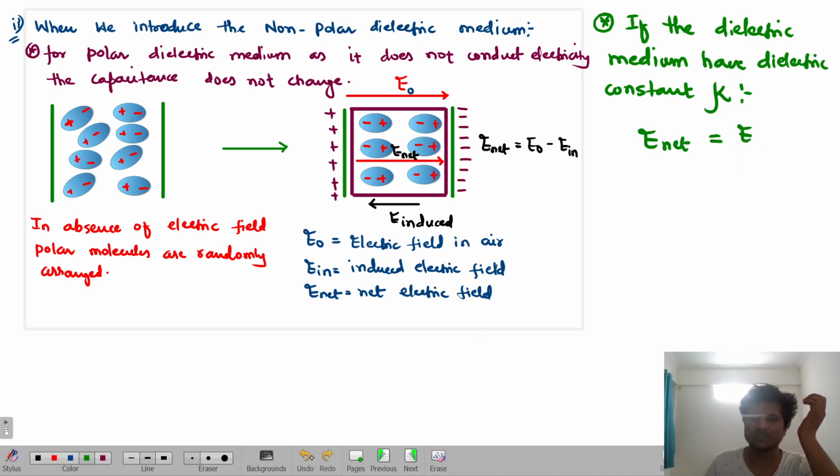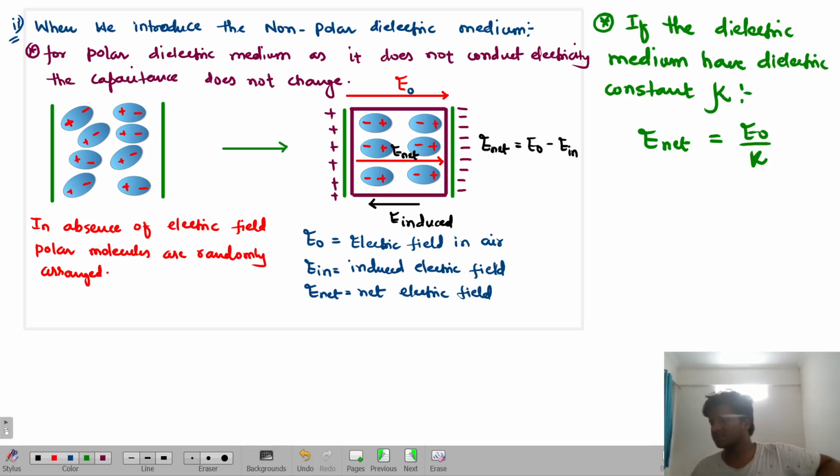E naught by kappa means the electric field in air divided by kappa, because it is developed in the full medium, isn't it? So you know how it is coming. Previously we discussed that whenever you submerge in some higher density material, the field gets reduced by 1 by K times, isn't it?